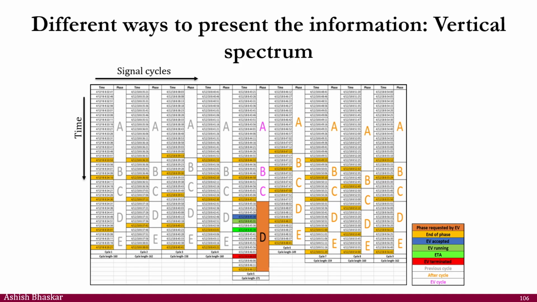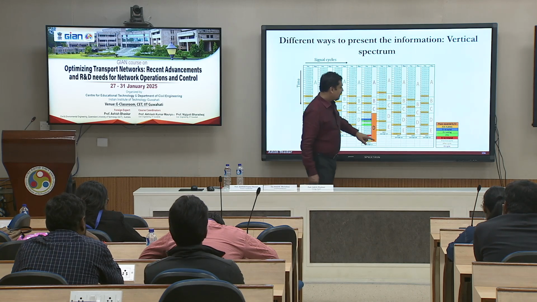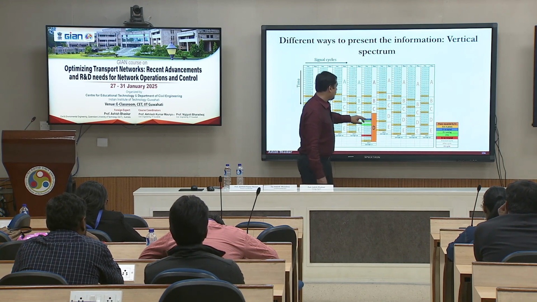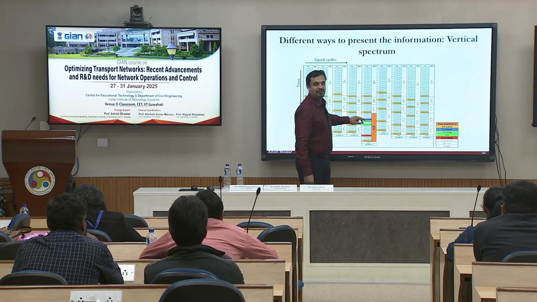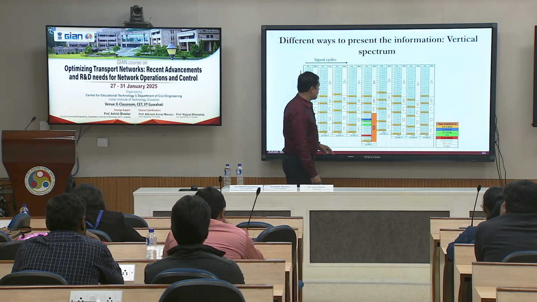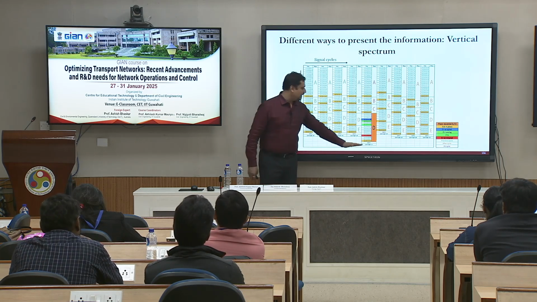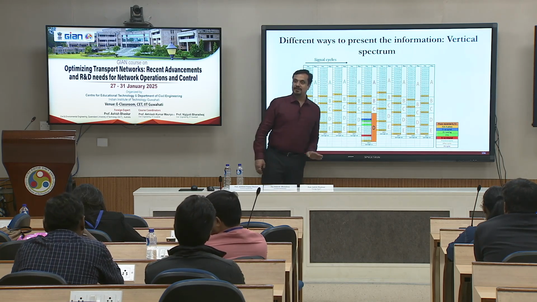This is working fine. That is your second cycle, then it goes up to the third cycle, and you can see that the cycle is pretty much constant here. Then in this cycle, at this point, EV was accepted, and the phase requested was D. Since the phase requested was D and you are already in D, you extended that until the EVP had cleared, and then you terminated it.